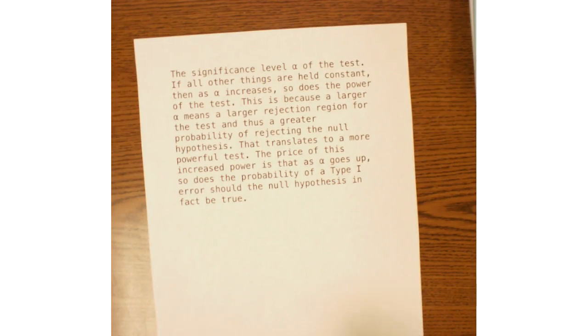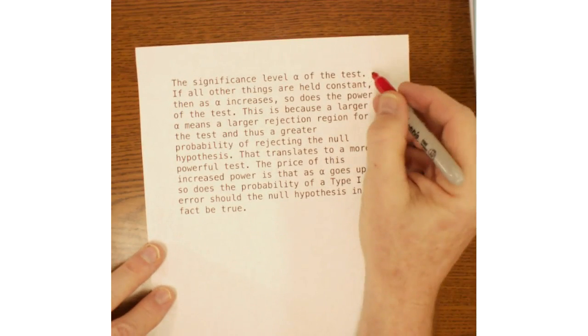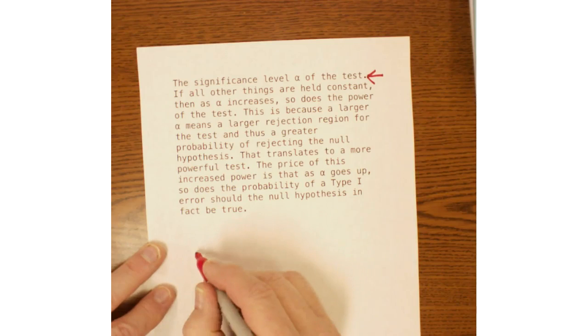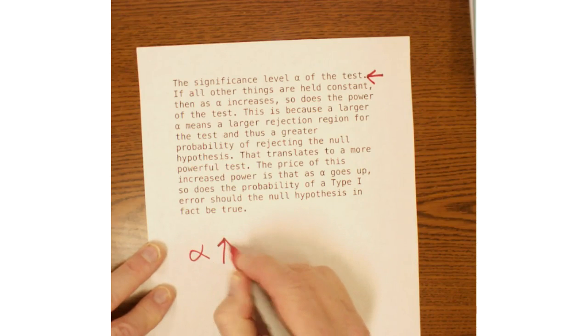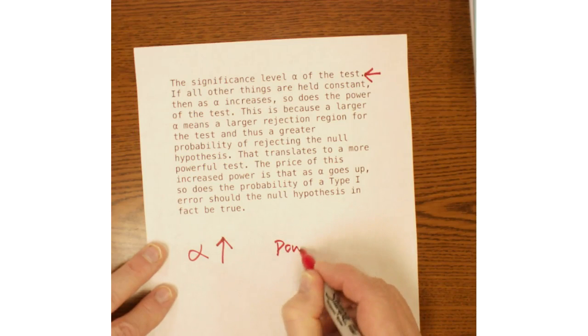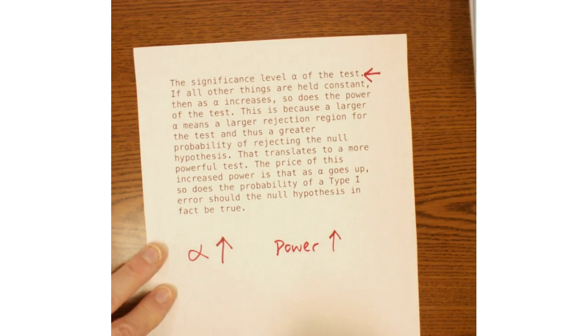So what are the factors that increase power? How can we increase the power or change the power? One thing to do is just to change the significance level of the test. In other words, if the alpha level increases, the power increases.